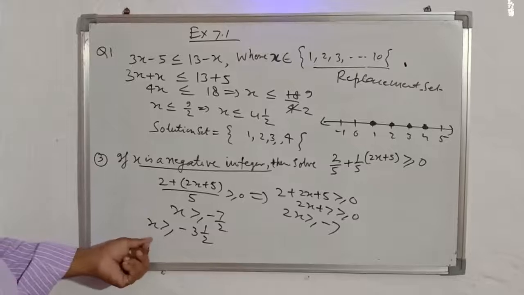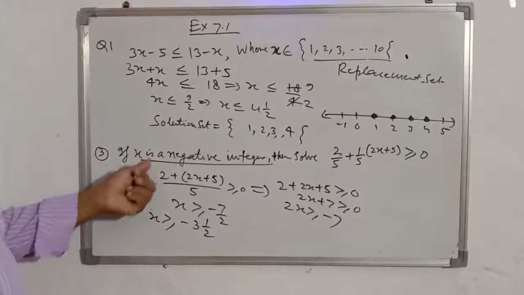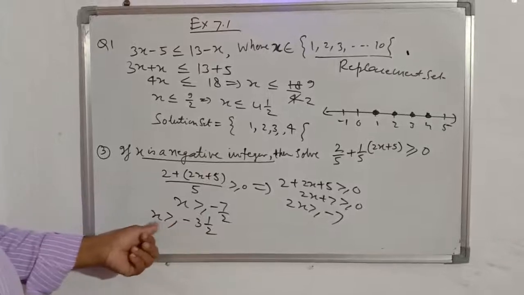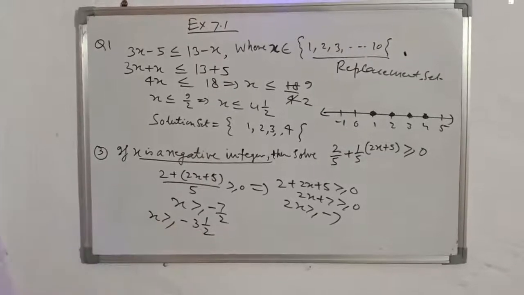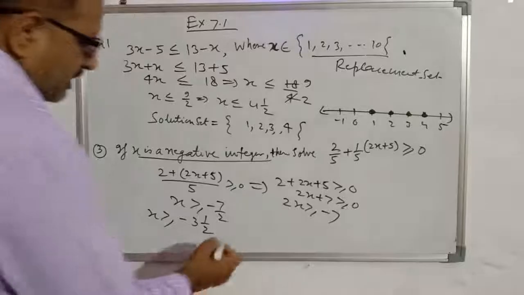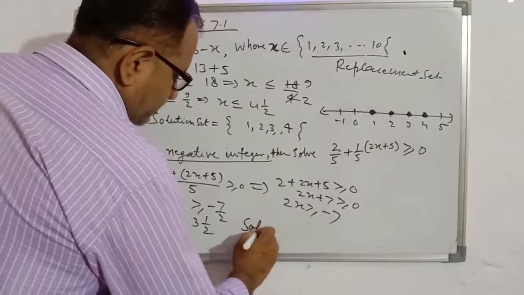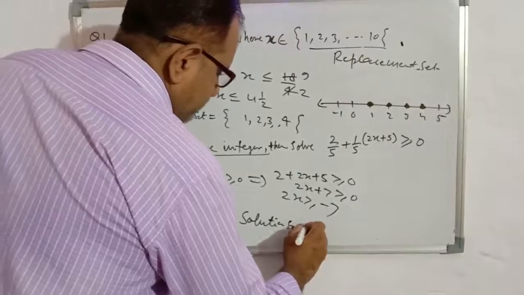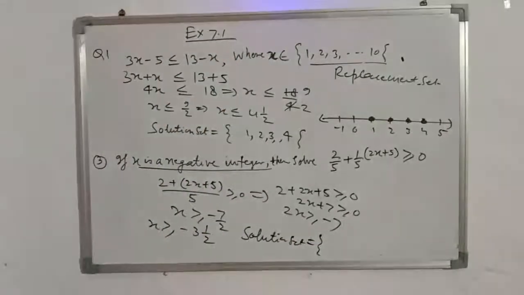So we have to take the negative integers which can satisfy this inequation, x greater or equal to minus 3 whole 1 by 2. What will be the possible values of x in the solution set? Only the negative integers.